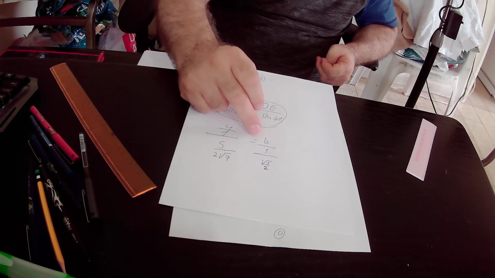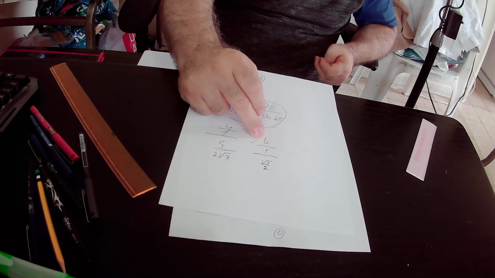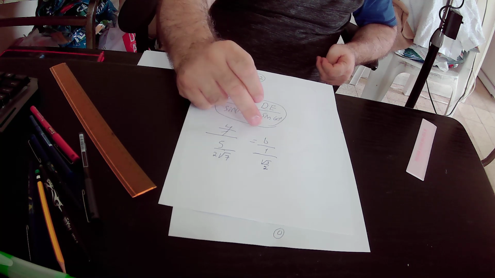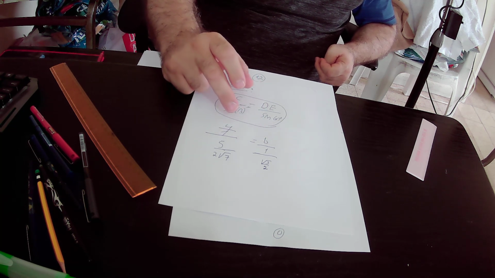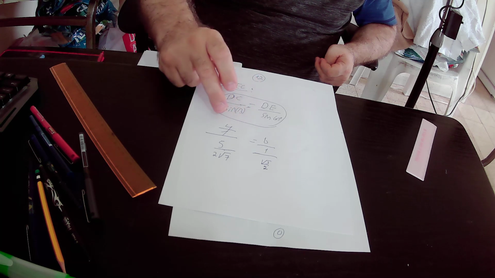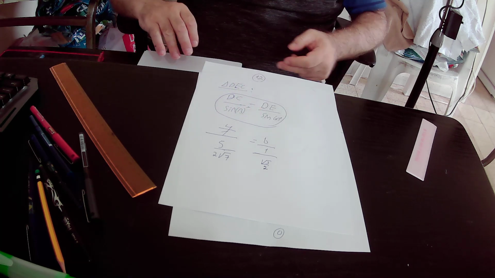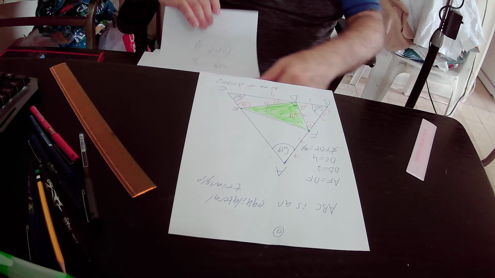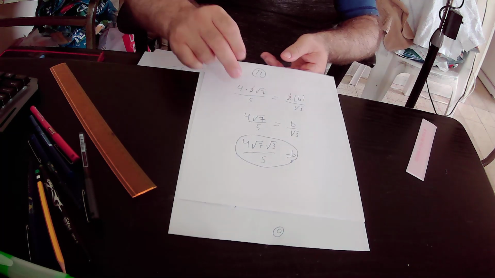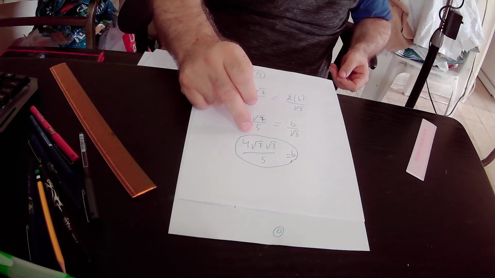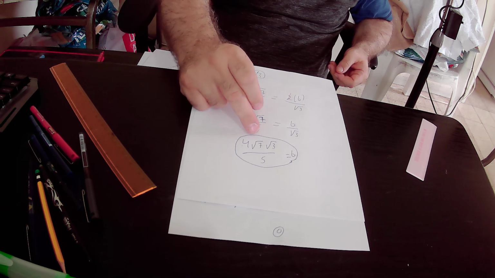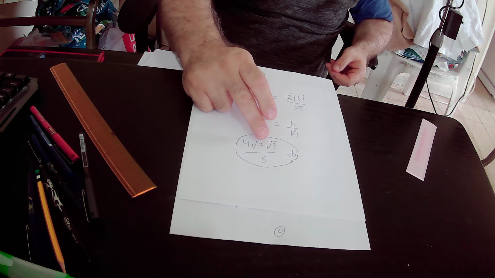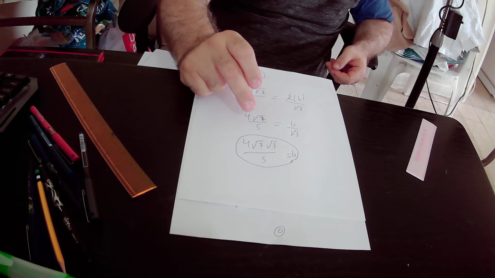So the only missing variable here is b. After calculating this equality, we get that the value of b is 4 times root 7 times root 3 over 5 units.